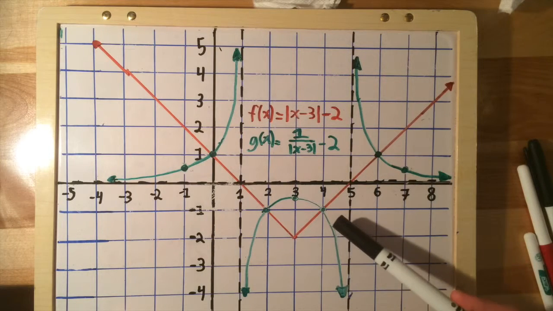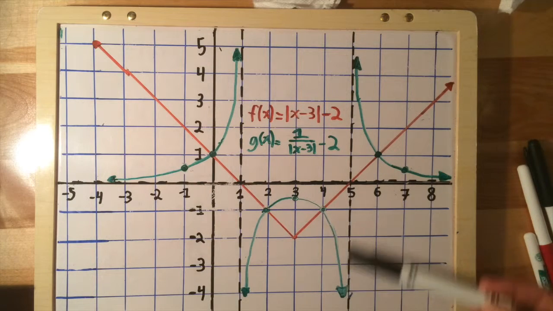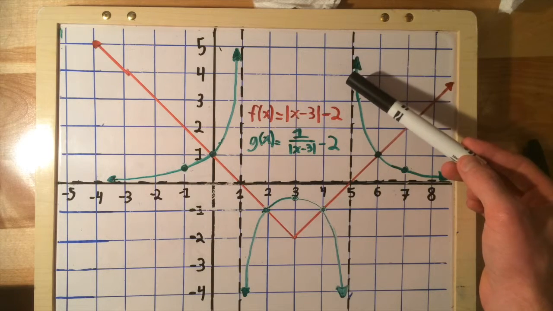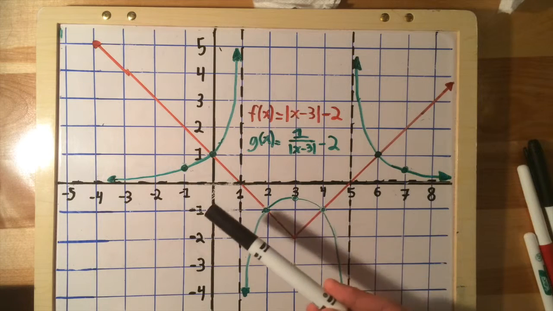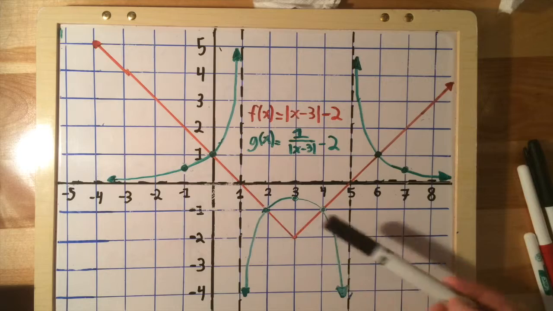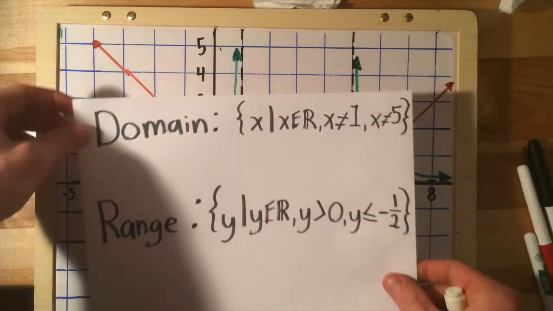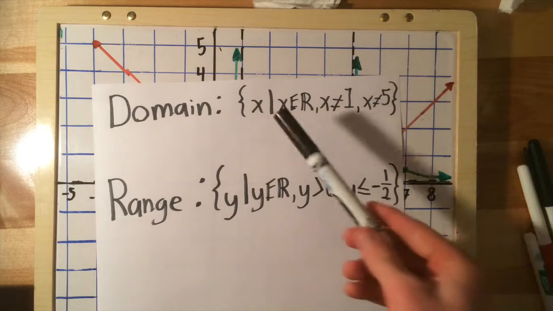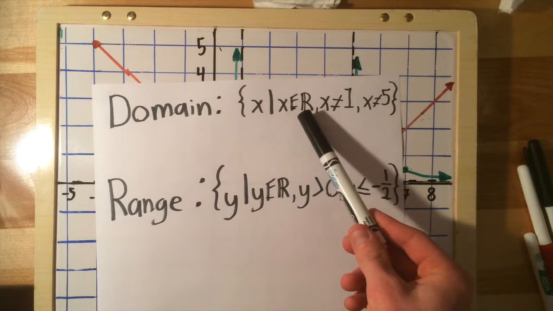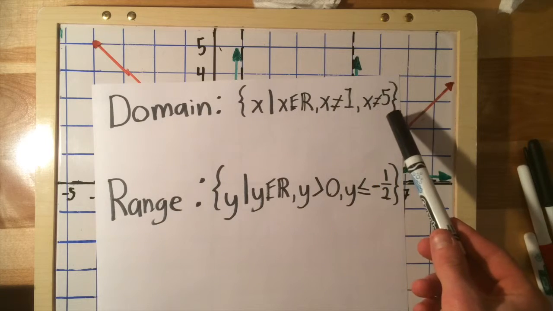And x is continuous in approaching the vertical asymptote of 5, there and there, but it never touches 5. Therefore, we know that x is any real number, except that x cannot equal 1, and that x cannot equal 5. That is why our domain is x such that x is a member of the reals, and x cannot equal 1, and x cannot equal 5.